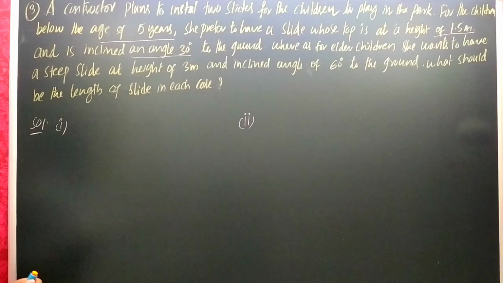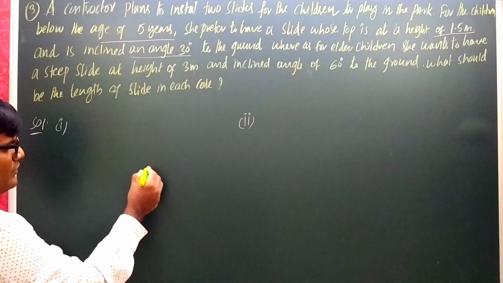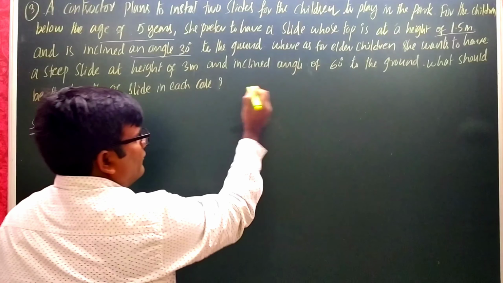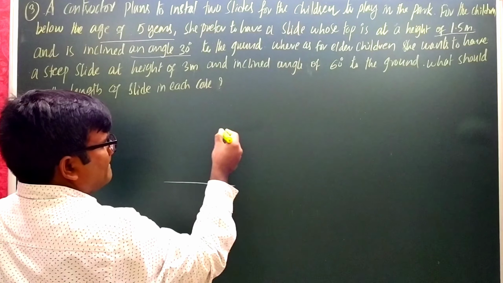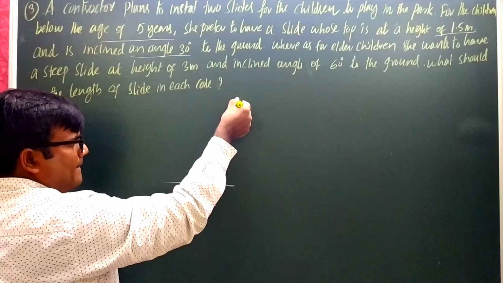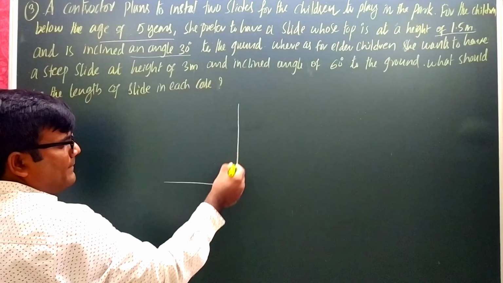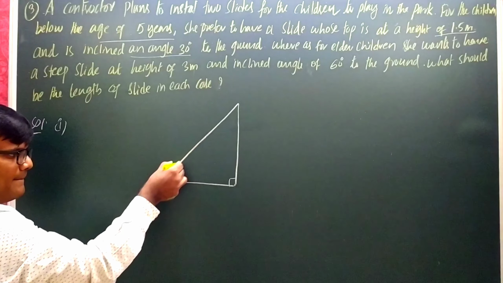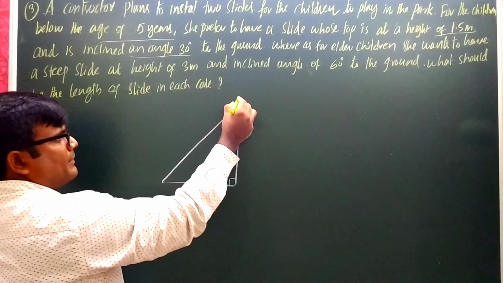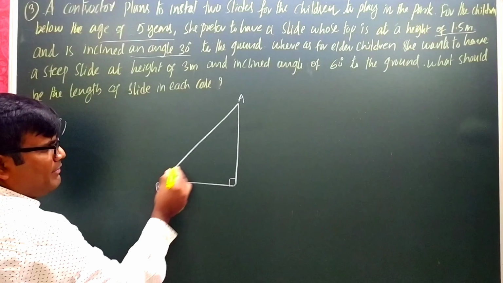So here two questions are there. Now this one is a ground. First question I'm taking here. Ground, 90 degrees. Here this one is a slide. AB is the slide.